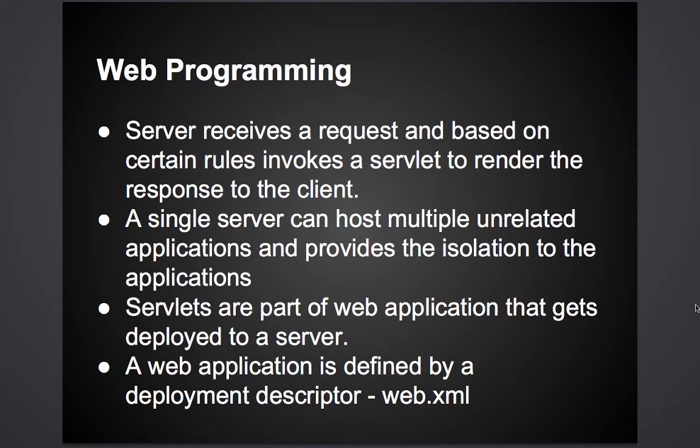This defines so that the server knows what application it is, where the Java classes related to this application are, and what kind of URL should point to what servlets. There's a whole bunch of information that goes inside a web.xml that we cannot cover in this class, since we want to focus just on the very basic web application, but we'll see one small web.xml and what it looks like.